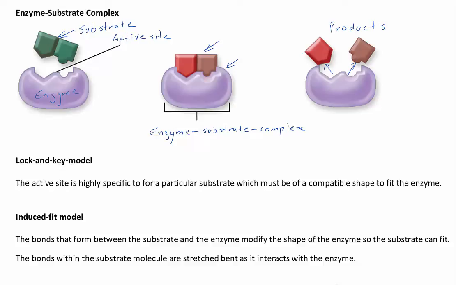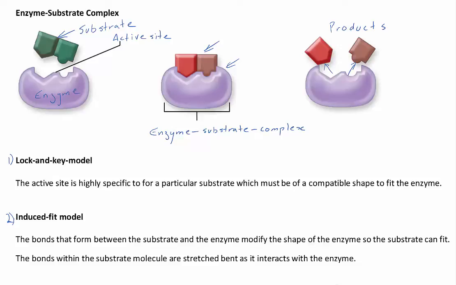There are two different models of how enzymes work: the lock and key model and the induced fit model. The lock and key model suggests that the active site is highly specific for a particular substrate, so they fit together like a lock and key. And this is why most enzymes only catalyze one or a few chemical reactions.